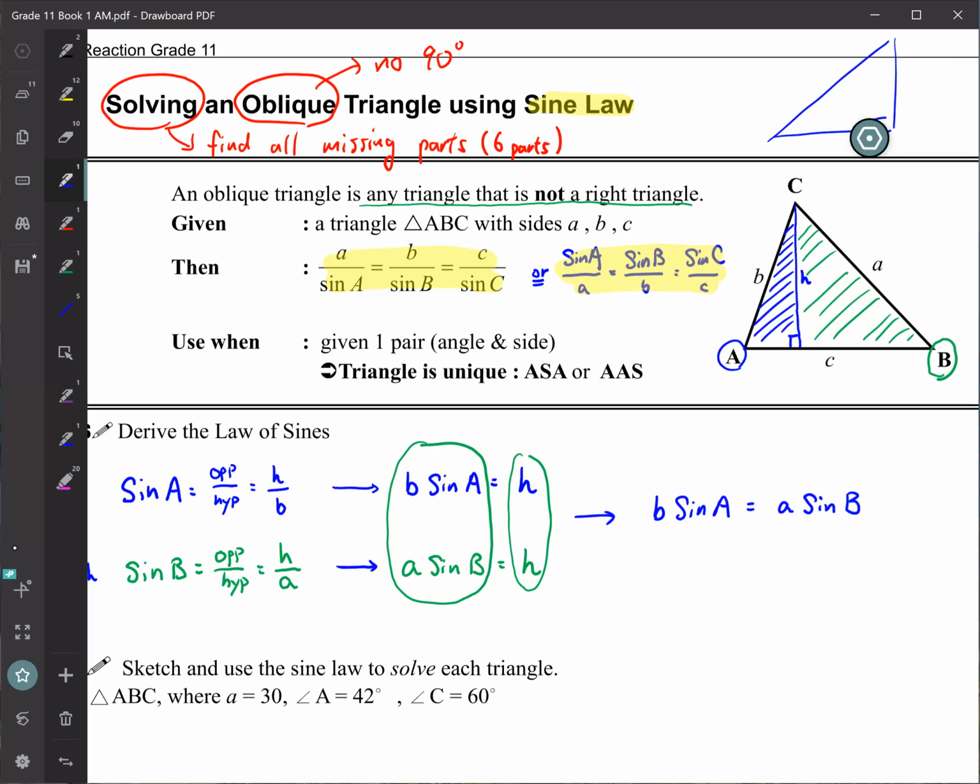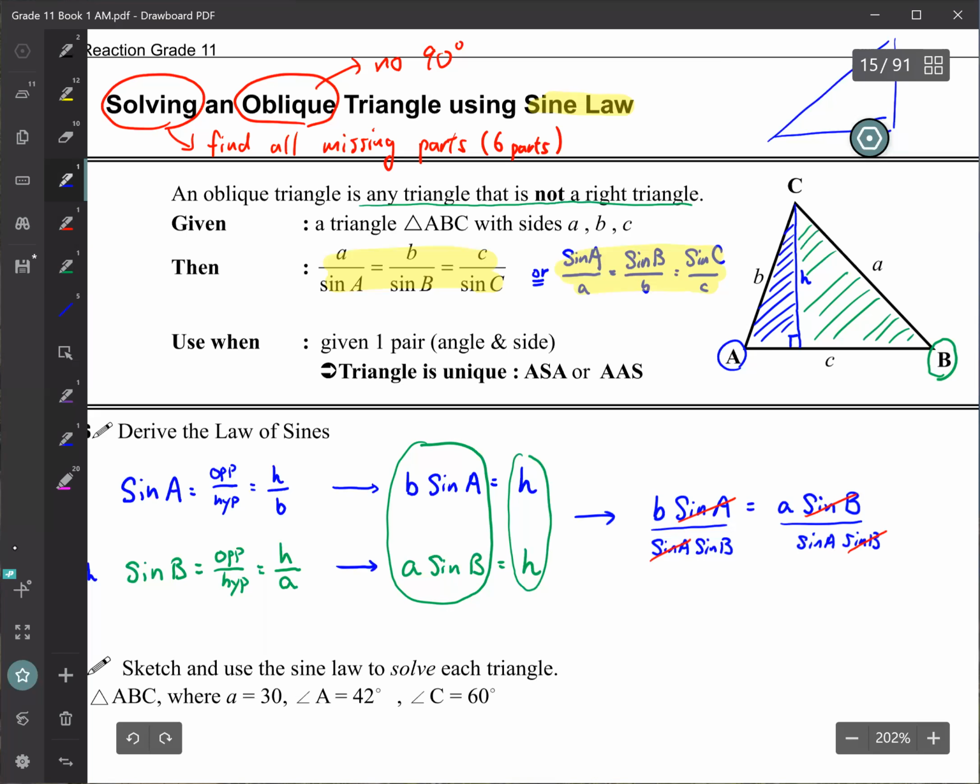Okay, so now what we're going to do is to manipulate, move it around a little bit. I'm going to divide both sides by, let's say, sine A and sine B, okay? Both sides divide by the same thing, right? So that's okay. When I do that, sine A will cancel out, and sine B will cancel out on the other side.